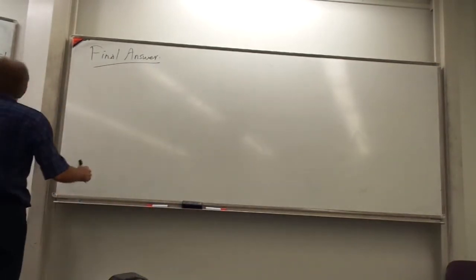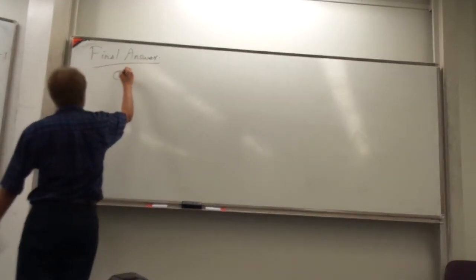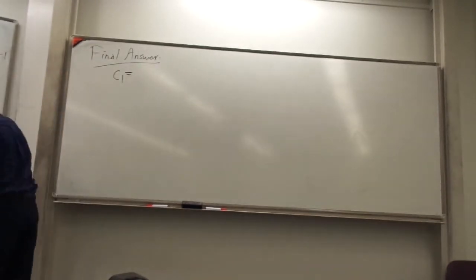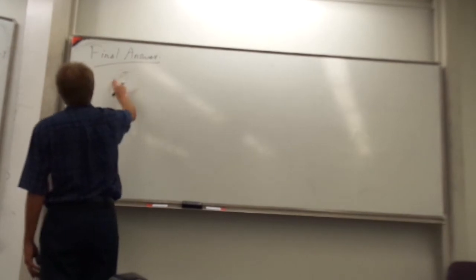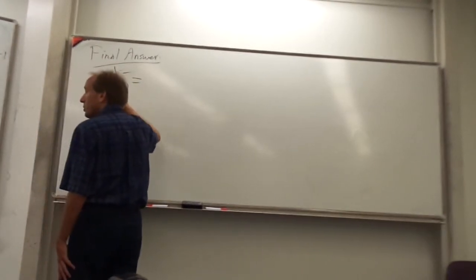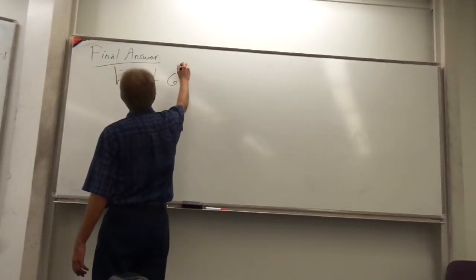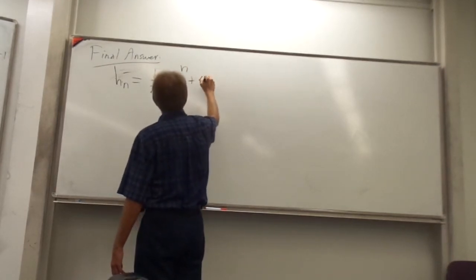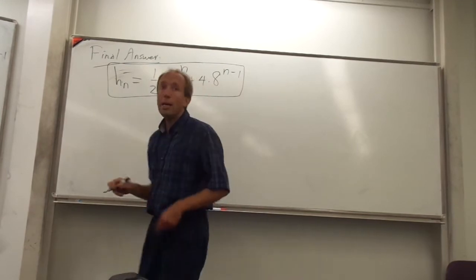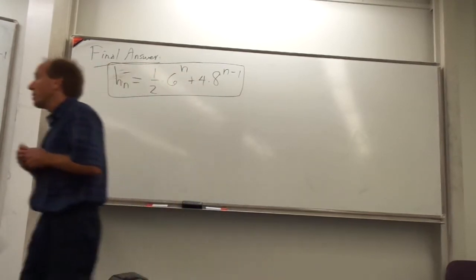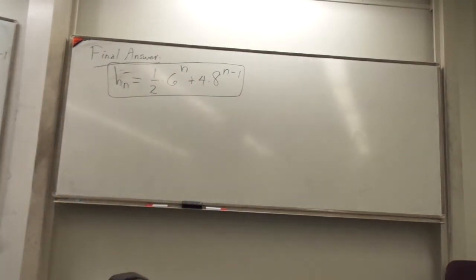Okay, so C1 is equal to, we said it right here, C1 is equal to 1 half. So my final answer is Hn equals 1 half times 6 to the n plus 4 times 8 to the n minus 1. Okay? So Nicole, for example, or anybody really who may have started with something different up here.